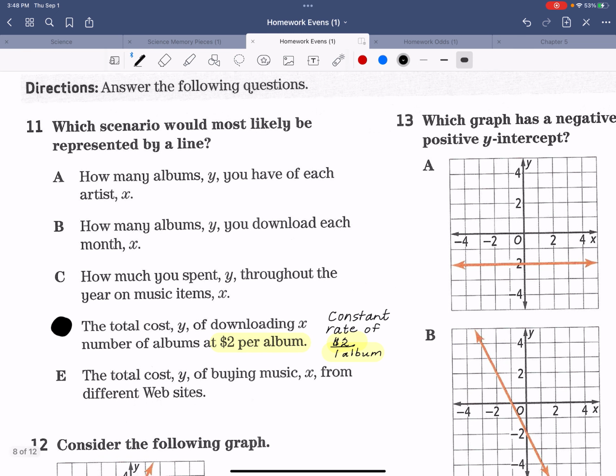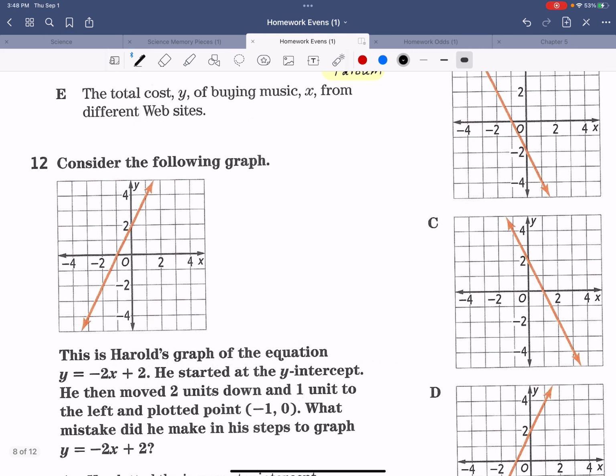Okay, number 12. Consider the following graph. I like to see intercepts on any graph. I may or may not need them. I also like to know that slope is positive on this one. And I haven't even read the question. This is just something I do when I have a graph.